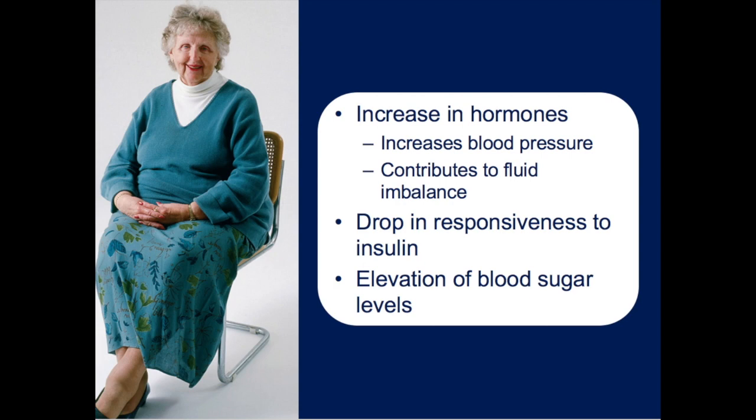It's important to recognize that elderly patients are more prone to issues with elevated blood sugar, and maybe more prone to type 2 diabetes. And they may not realize they have high blood sugar.